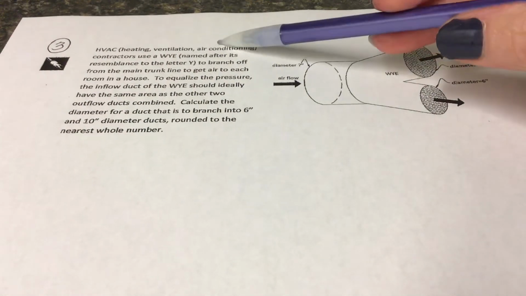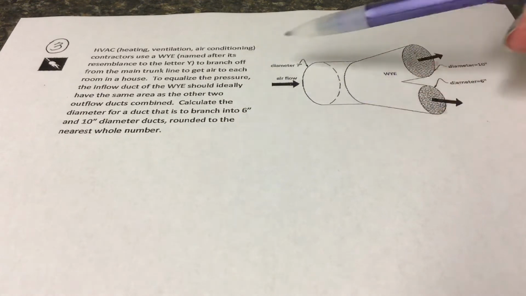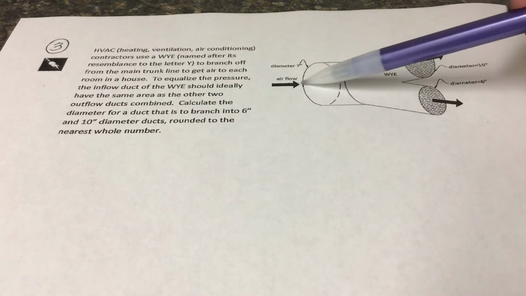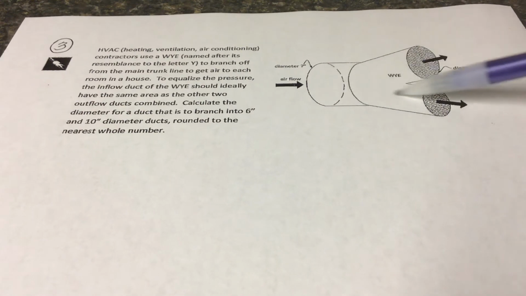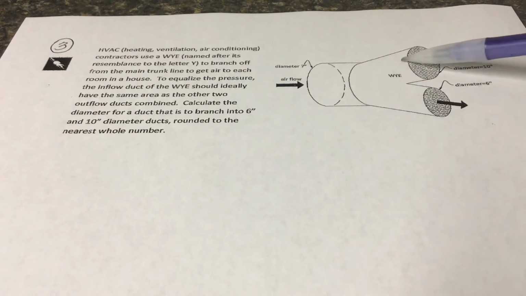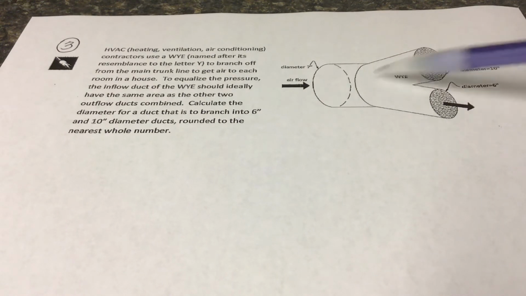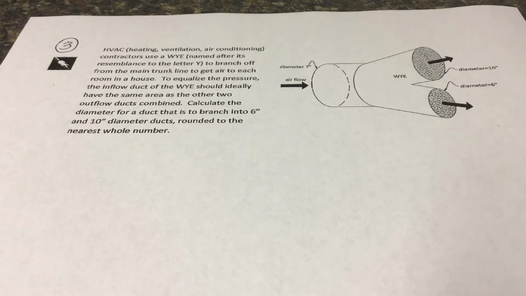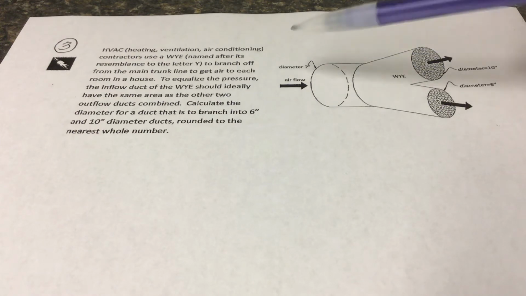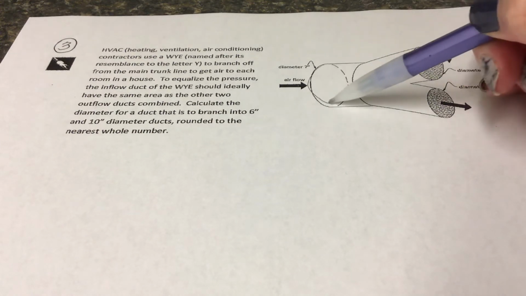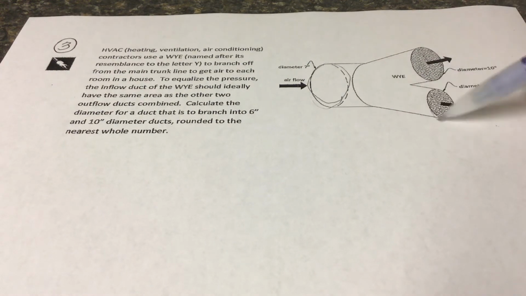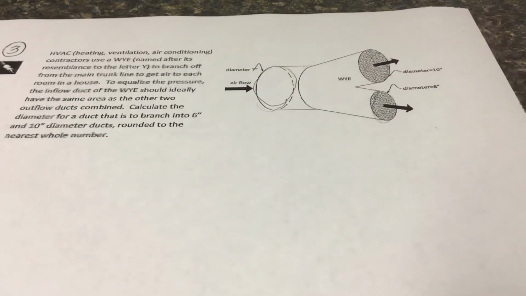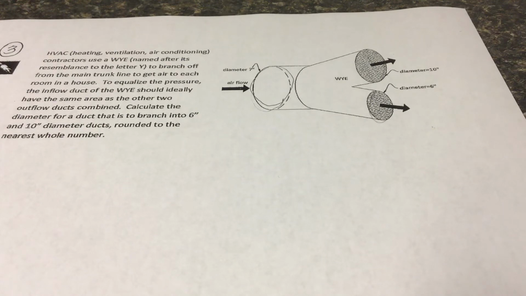So what this is saying here, if you can read through that, the airflow going into this duct would be distributed between these two Y pieces of the duct. So the area that goes into this would be equal to the area of these added together. That way we get the same amount of airflow.